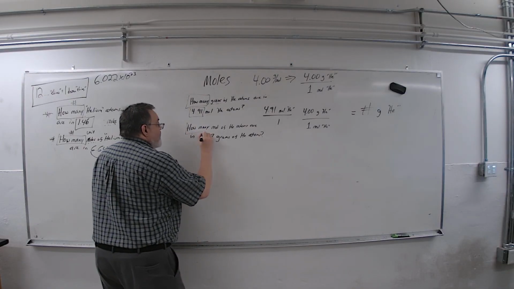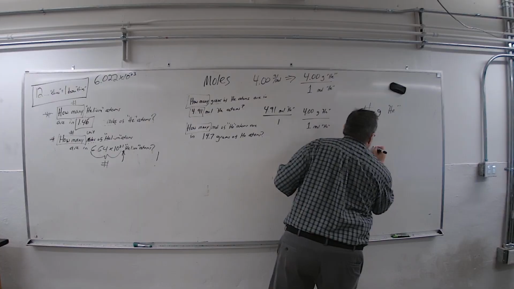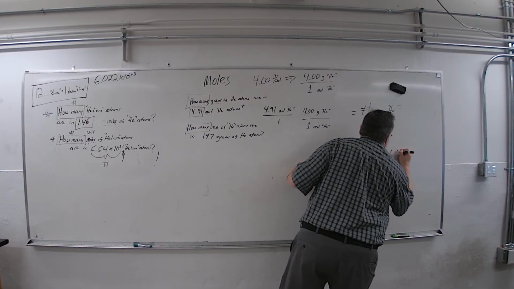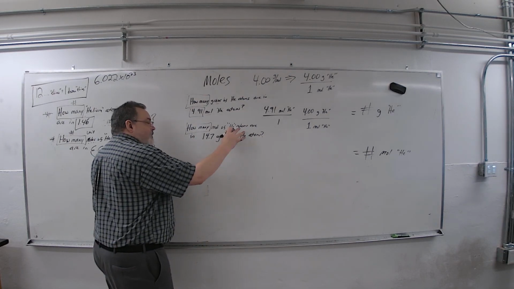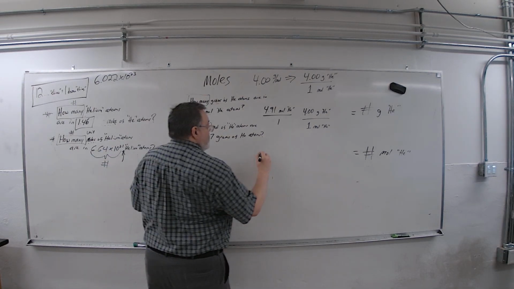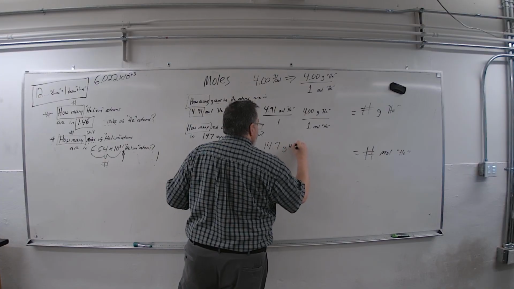Now when I read it, I'm going to go, how many moles helium atoms, how many moles helium in it. So this is what I'm asked for. Here's what I'm given. Put that on top of 14.7 grams of helium.